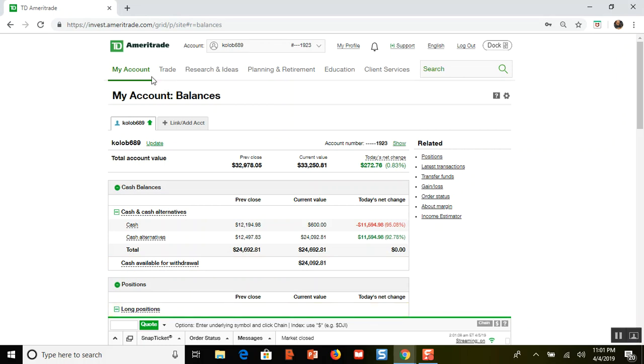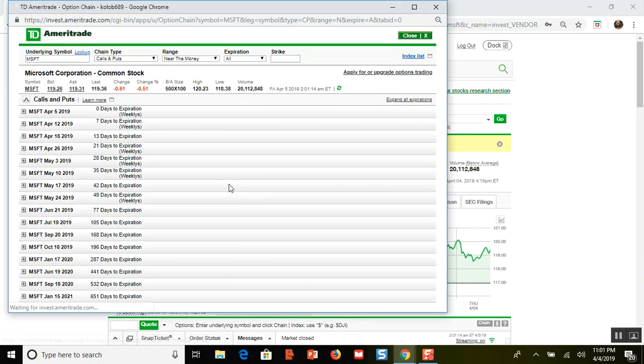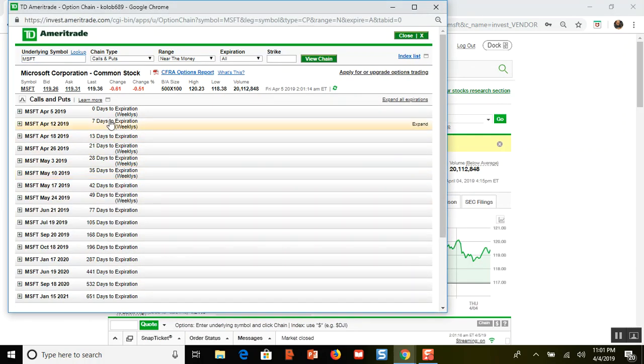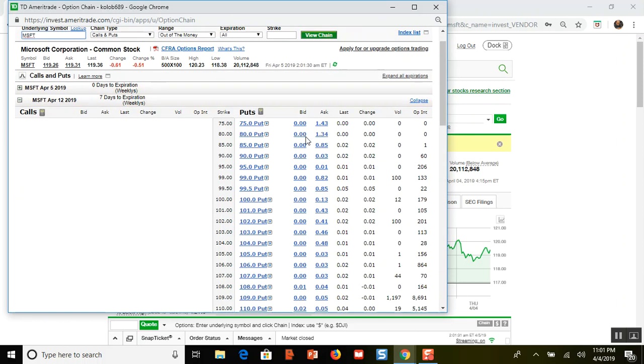And actually just for interest, let's see what those puts would be worth. So let's say that I wanted to sell the 118 right now. First of all, the 118s are paying pretty nice, but if Microsoft was up to 120, 121, then I'd probably get like 30 or 40 bucks, right?